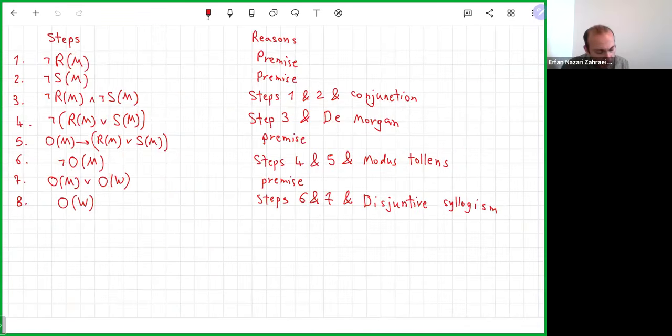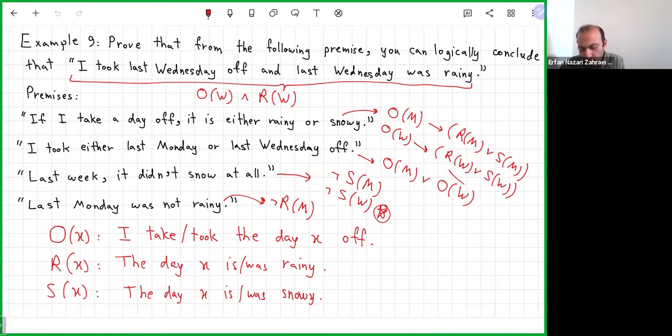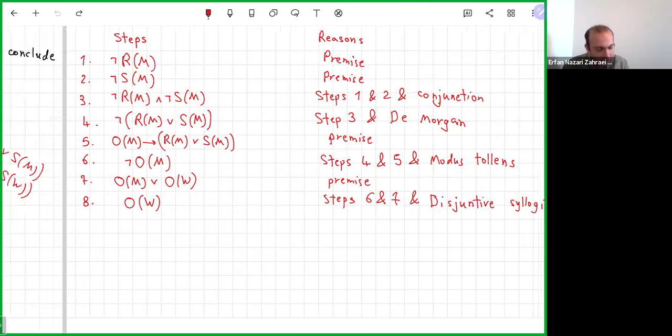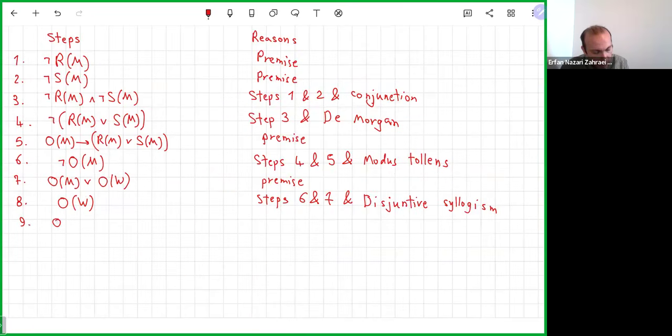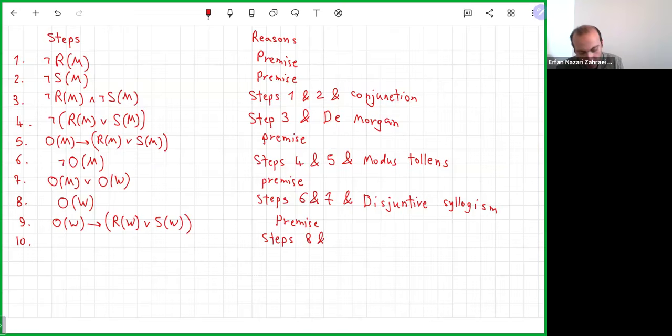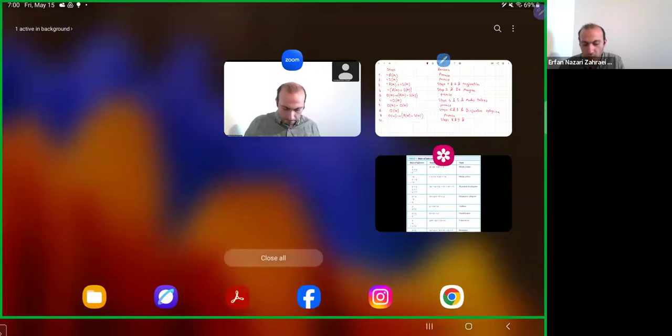Okay, let me continue. Use this. Now bring this premise. 9, it's Ow implies Rw or Sw. And this is a premise. Now I can use steps 8 and 9, and another rule of inference is the first one, modus ponens.